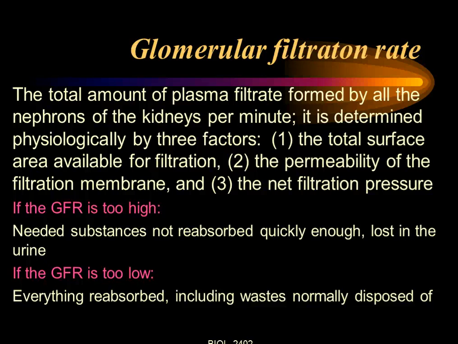The permeability of the filtration membrane, that is right there at the blood vessel, at the glomerular wall, Bowman's capsule podocyte area, is the integrity of the wall good enough of the two together that things can pass easily across? If there's inflammation, it decreases permeability, or infection. And 3, the net filtration pressure. We're going to talk about that right now.